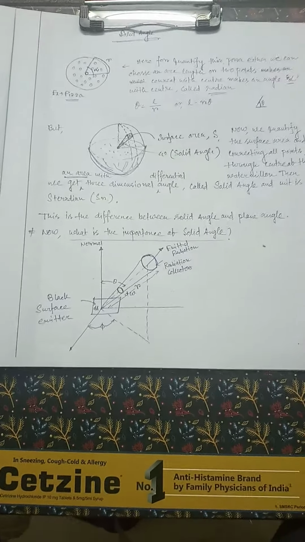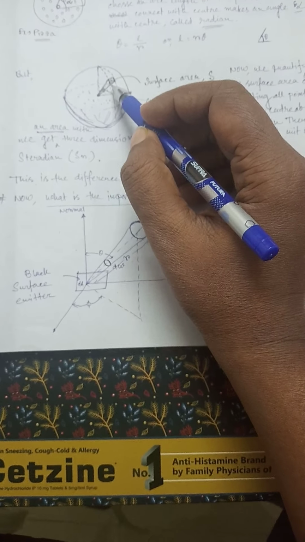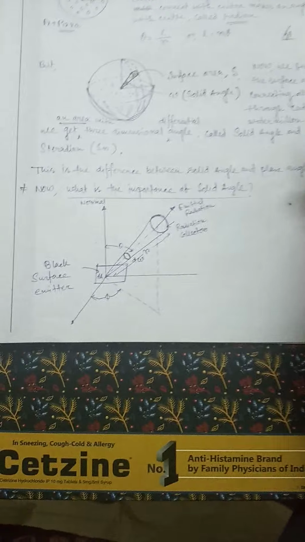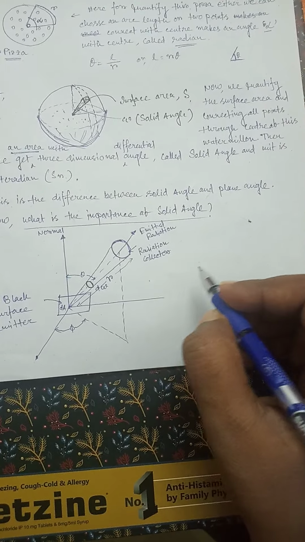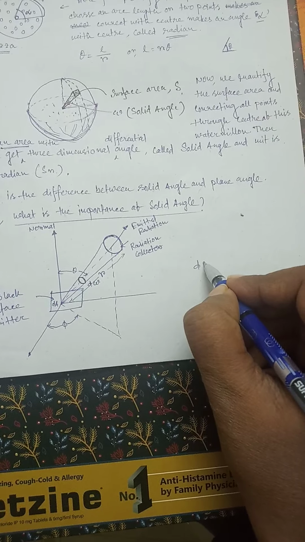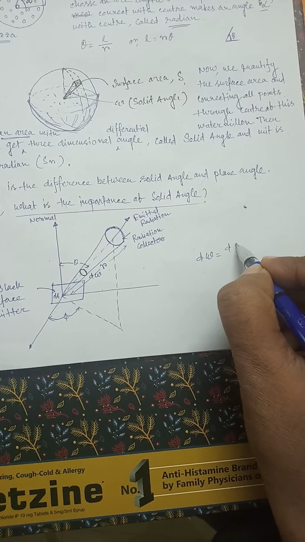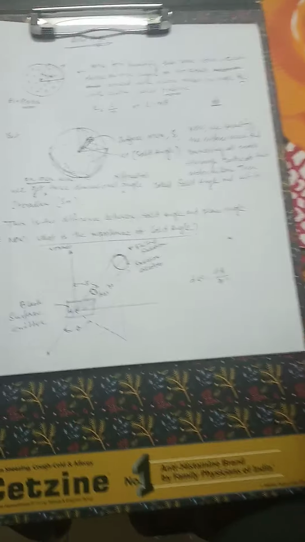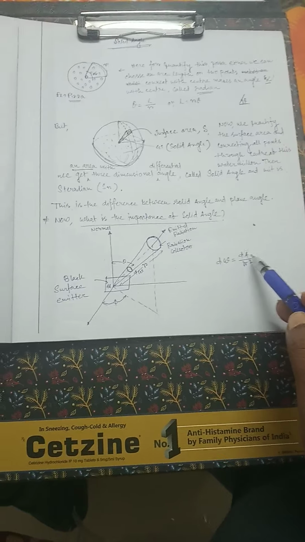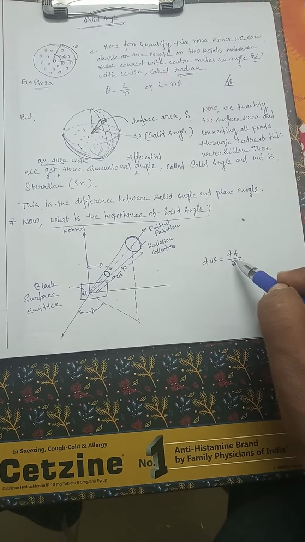And what is the unit of the solid angle? The solid angle is defined by omega, like d omega. The solid angle is defined by d omega equal to dA by r square. Or we can write dS by r square.